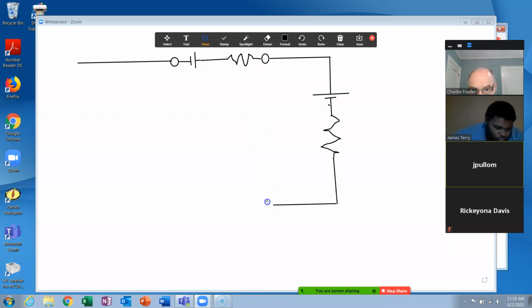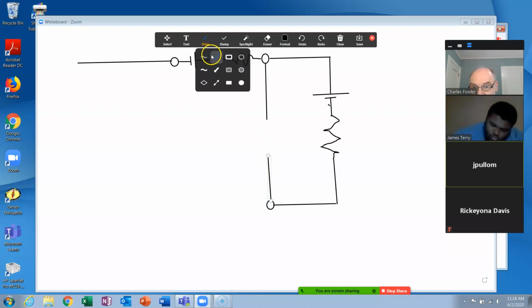These are supposed to be circles, but my circles aren't too good. Okay, and then we'll do another line. And we'll do a line from this circle down to the resistor, and then another one from the resistor to the other junction, and we'll freehand this.